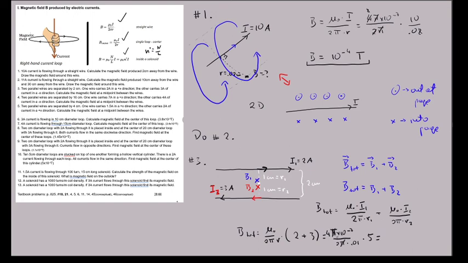So pi goes away, 2 over 2, I'm left with 2. So this would be 10, and then I have 100, so this is 1000, so this would give me 10 to the minus 4th Teslas. All right, so that's number 3. Now you can do numbers 4 and 5. And I'm going to pause here.